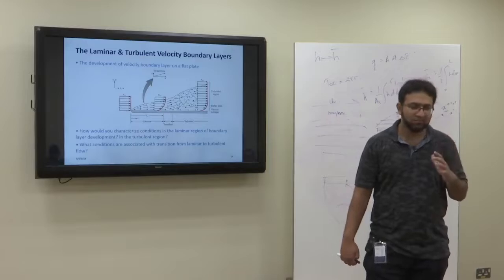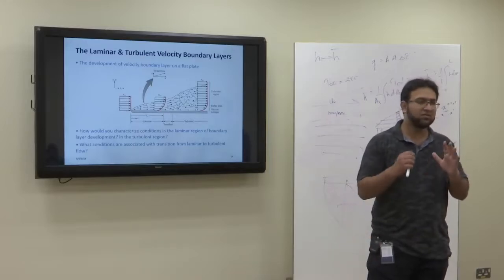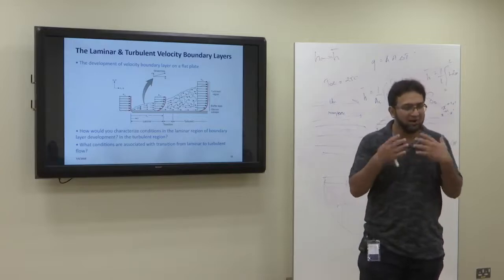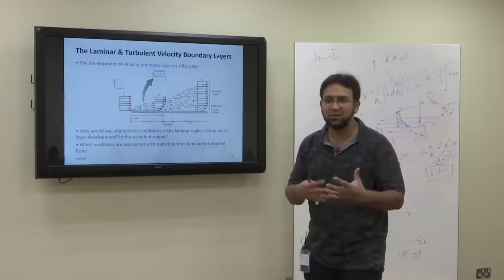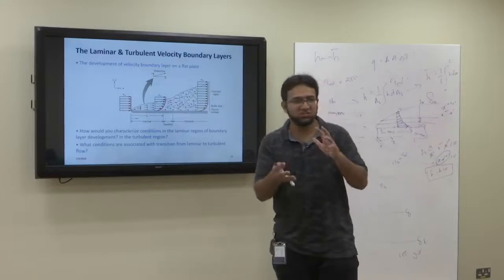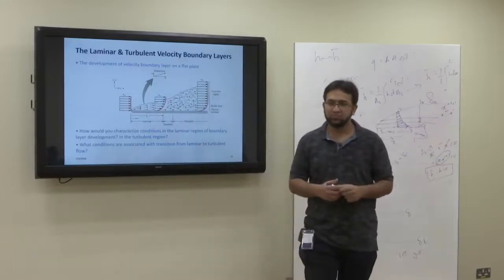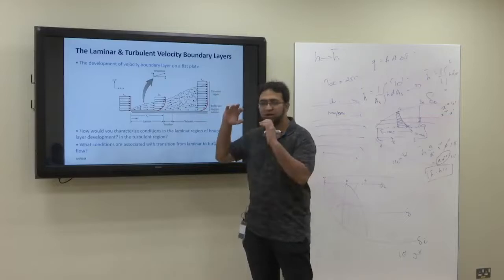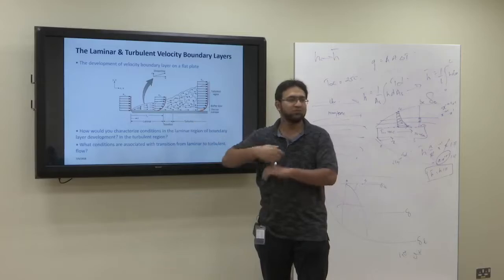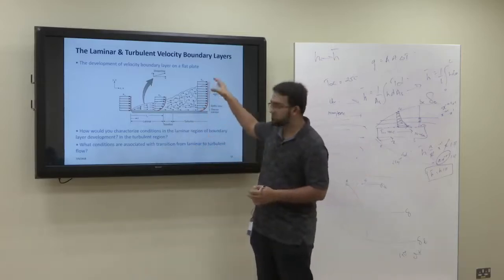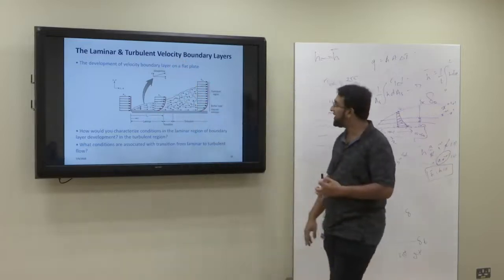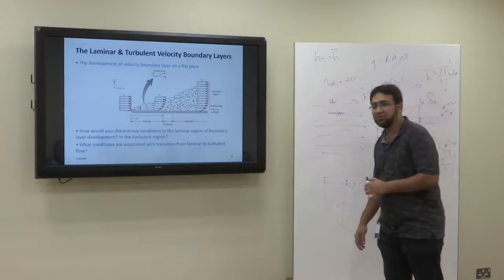It's in between, but we can never determine whether it is laminar or turbulent, because in the transition stage, part of the time it behaves as laminar, part of the time it behaves as turbulent. So it's changing all the time. And then after that, it is fully disturbed. After the transition stage is over, there is a lot of disturbance in it, and the fluid is moving in all directions. So that is turbulence.